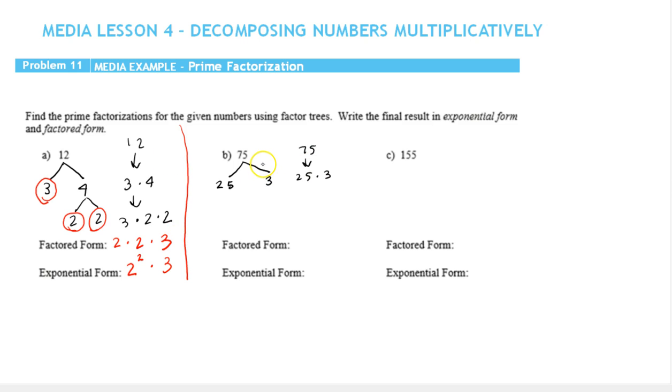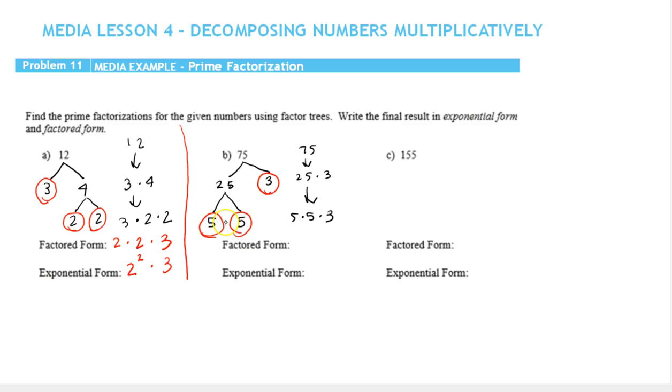Notice 3 is prime, so I'm going to circle it. 25 is not prime because it's divisible by 5, and it equals 5 times 5. So if we go down another step, we change the 25 into 5 times 5, and then bring down the factor of 3 also. 5 is prime, so I'm going to circle them.